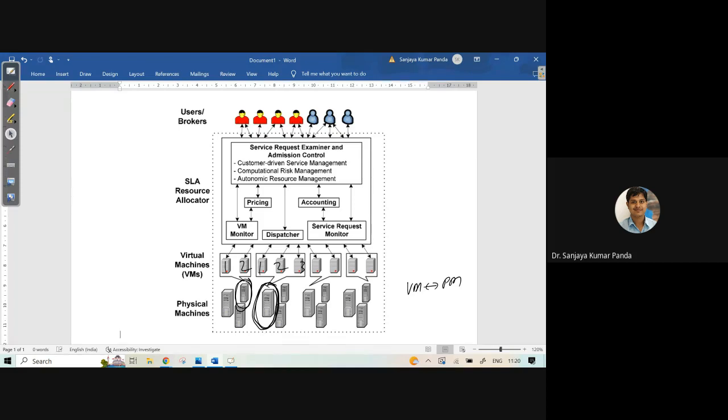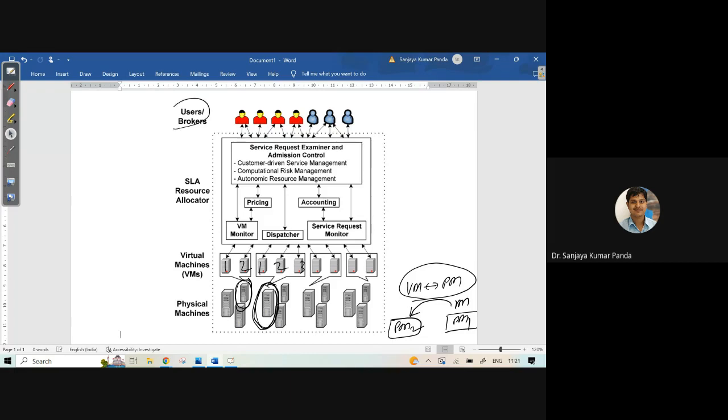Because, as I told you in one class, if a physical machine has a virtual machine on top of it, and there is another physical machine, you can move this VM from one physical machine to another without suspending that virtual machine, without stopping the work executing in it. That's why mapping of VMs and physical machines is very, very important.